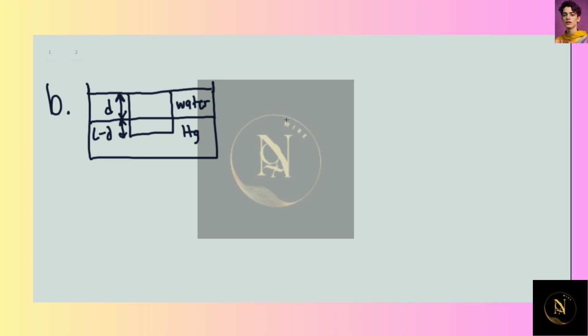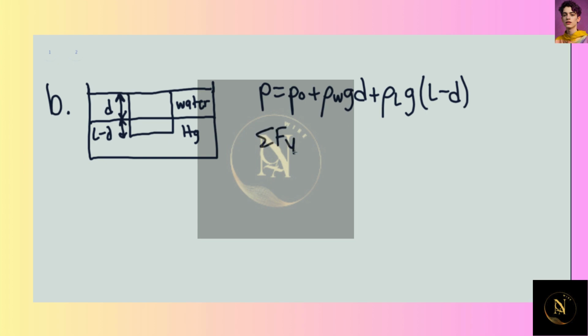And so we can then say that the pressure would be equal to the initial pressure plus the density of water times g times D in this case, plus the density of the liquid times g times L minus D. And we're going to apply Newton's second law to the block once again. This essentially gives us P minus P initial times the area, so this would simply be the force, minus mg equaling 0.